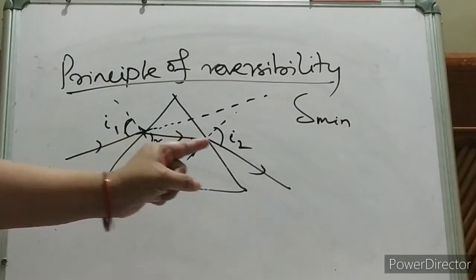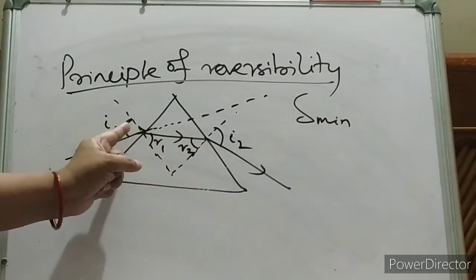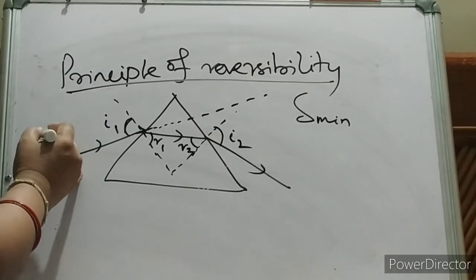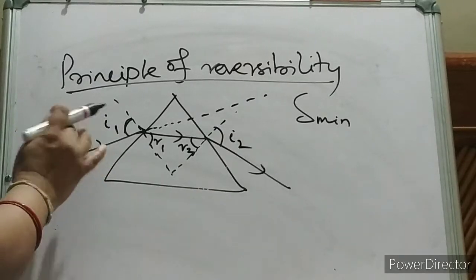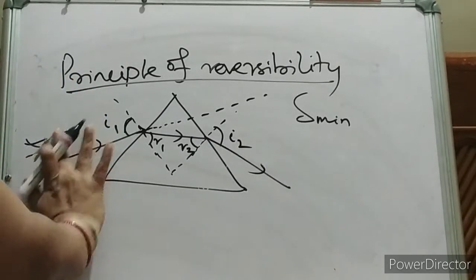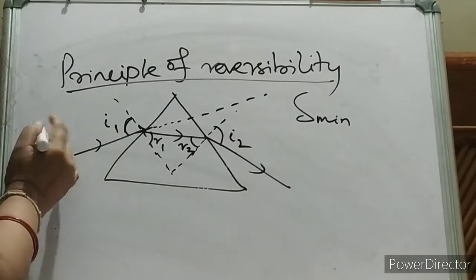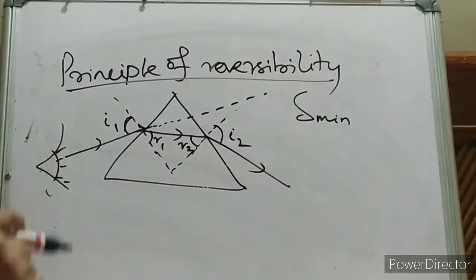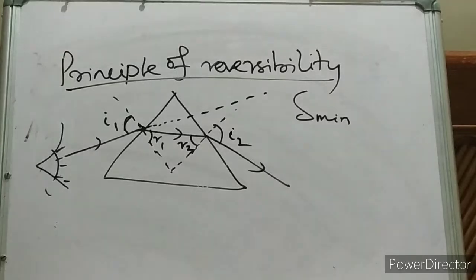That means when you reverse the light ray at 180 degrees, when you are observing from here, you are here. Now for you, this is your angle of incidence.